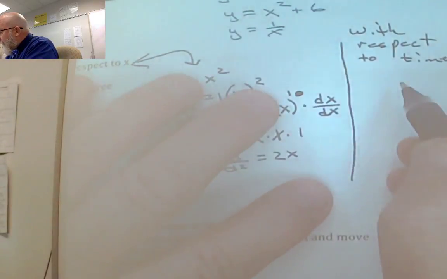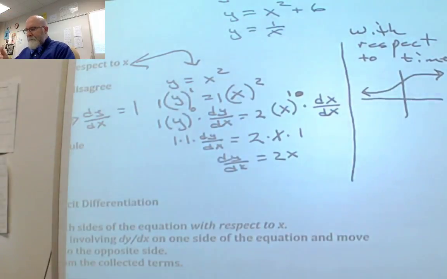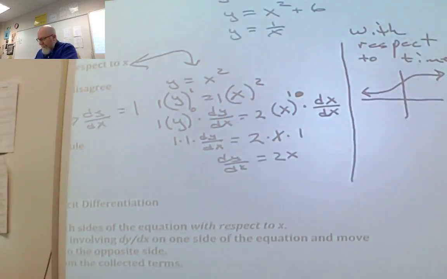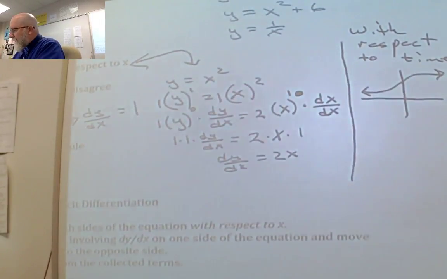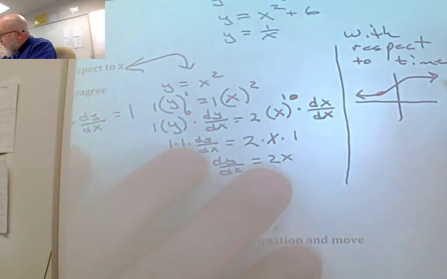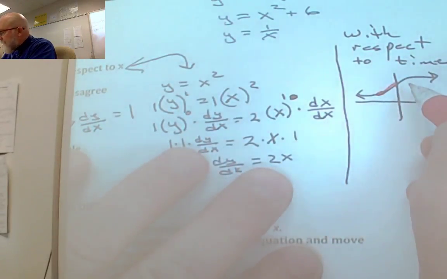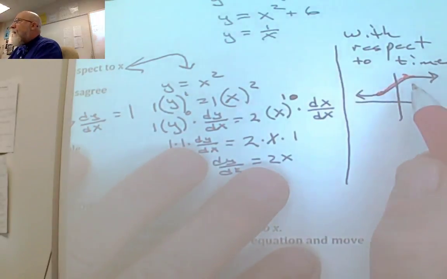So, in other words, imagine that I have a function. And on that function, I have a point. And it's moving along this point. Well, when it gets up to here, y is not moving up very fast.